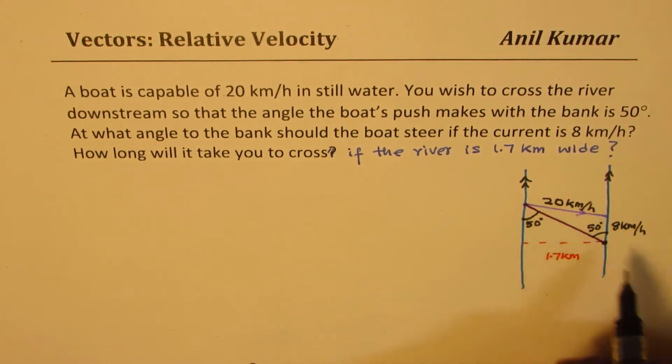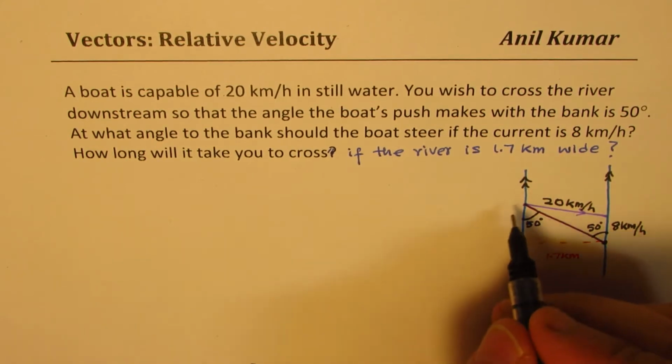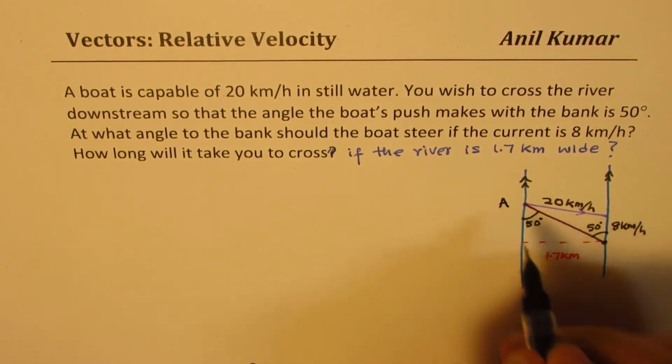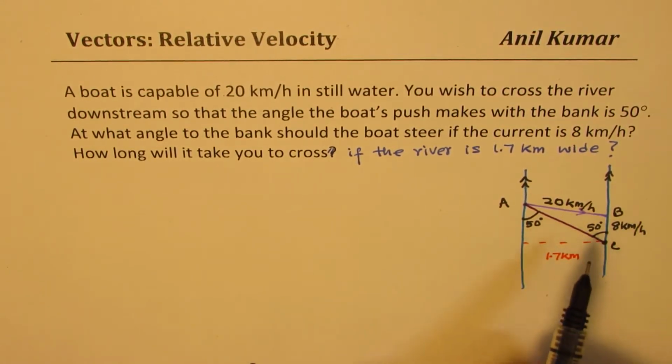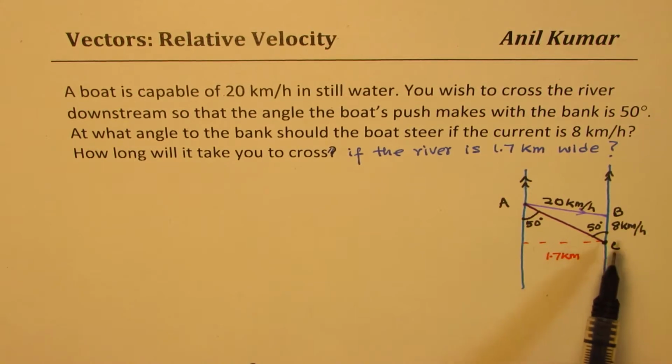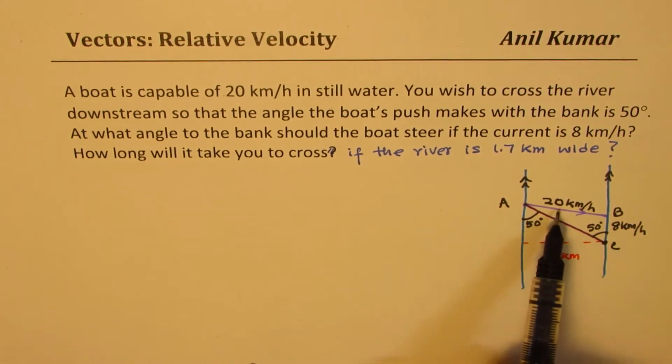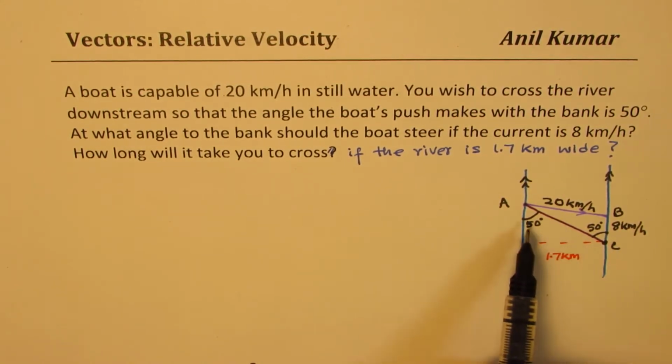So let's solve this triangle. Let's say this is position A, you are heading towards B, and you land at C. From here we can find the other angle, the angle at which you need to go.